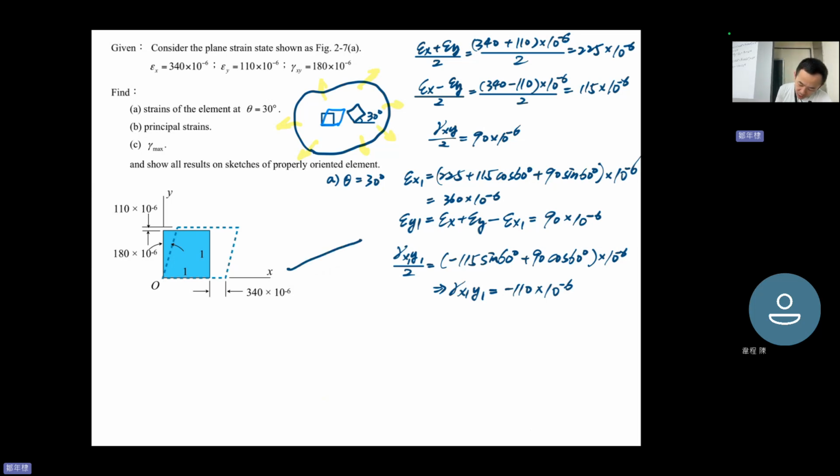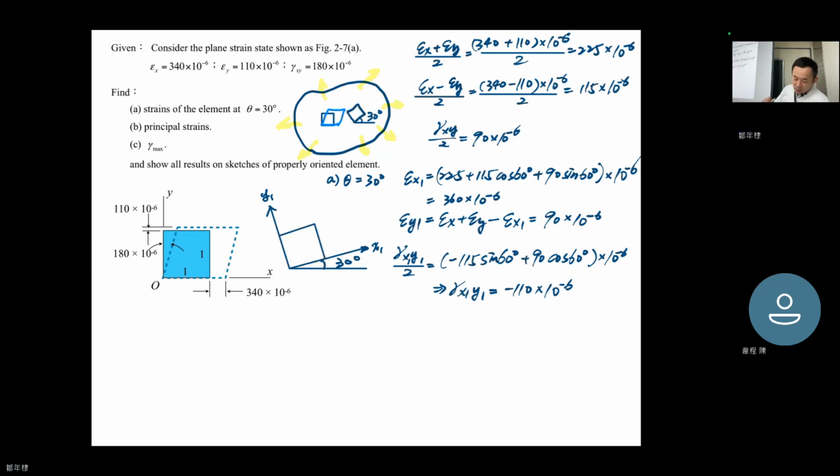So it's easy for us to get the strain element. Okay, this is 30-degree. Previously, it looks like a perfect shape, right? Just like this.